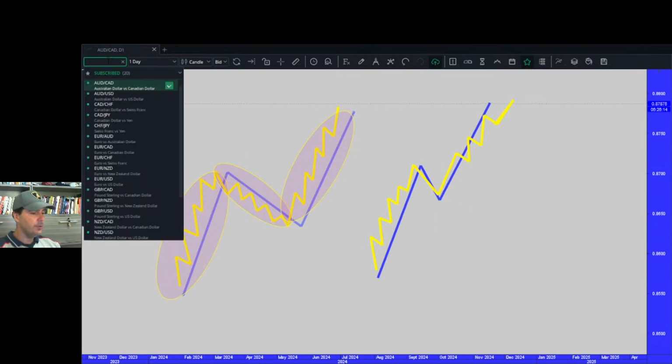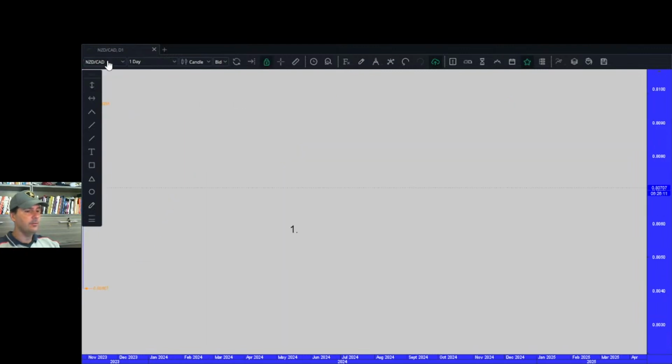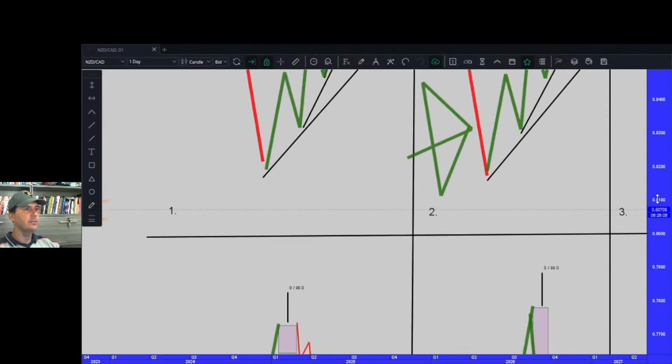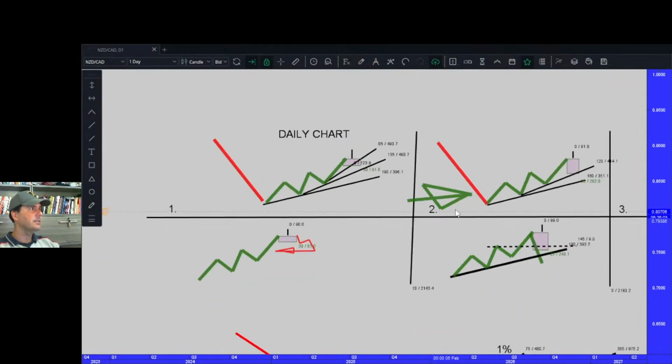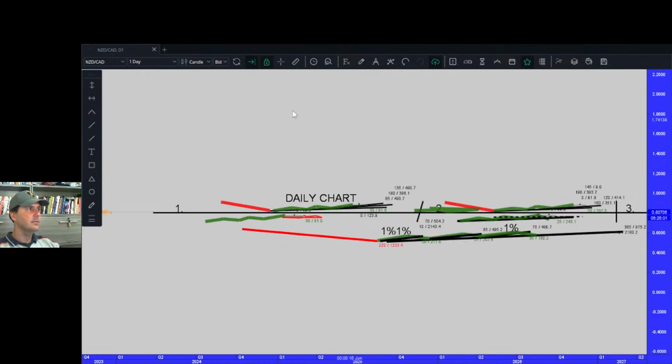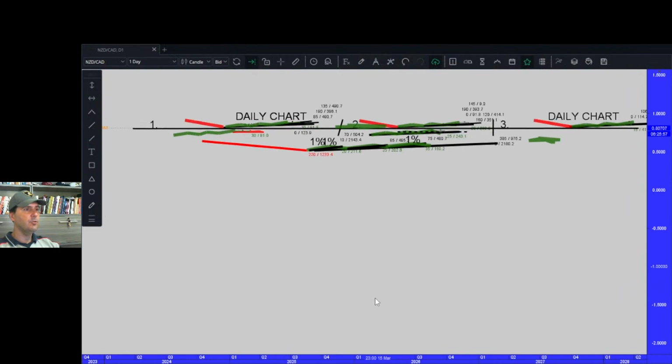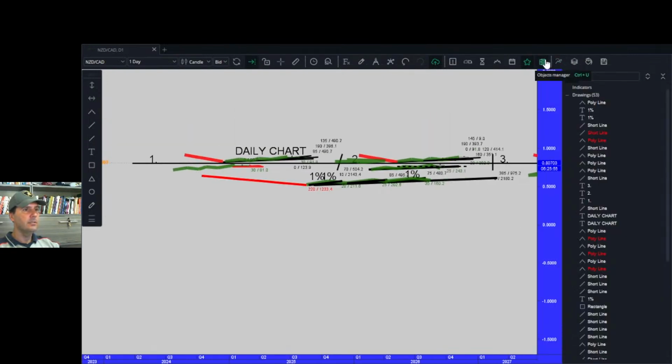If I go to NZD CAD, everybody, give me a second, NZD CAD, alright, and I'm not sure where is the... Ernesto says, click the first, then press shift.